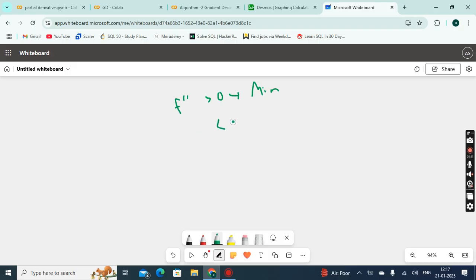When it is less than 0, that point is a maximum. When it is equal to 0, that point is known as a saddle point. So these are key things that you should keep in mind.